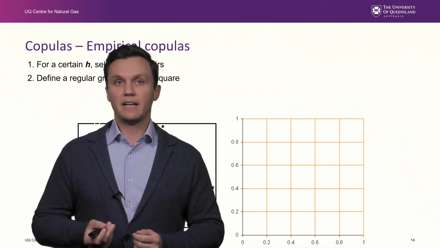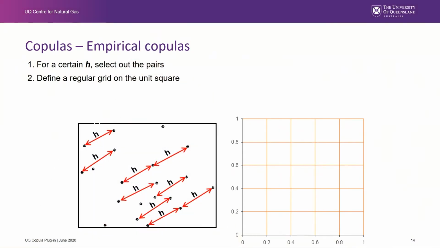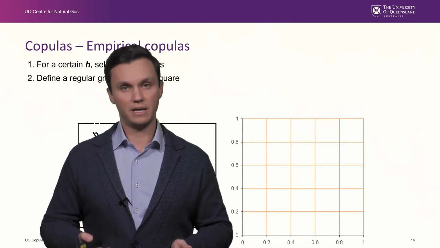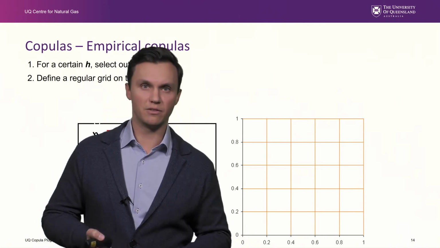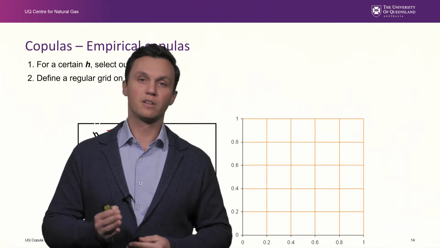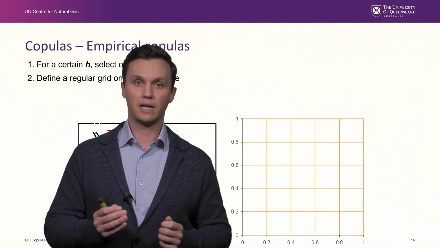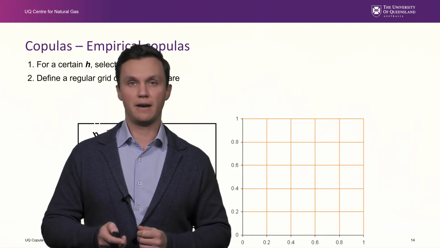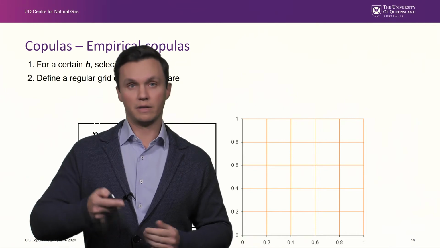Then we define a regular grid on a unit square, and we transform our values into copula space or rank space, also called CDF space, cumulative distribution function space. So that means we remove the actual value and just look at the rank of this value. And then for each pair, so here we have an example.